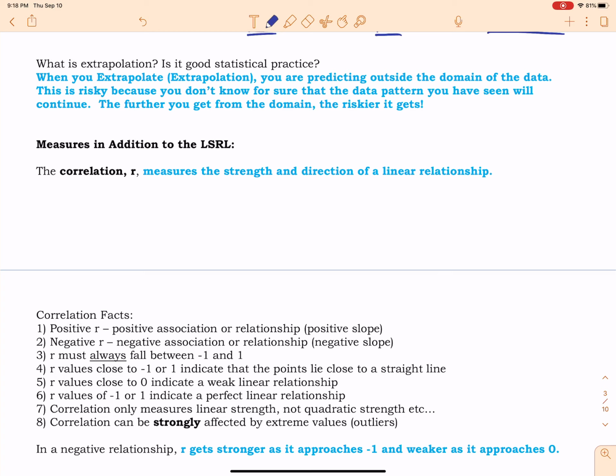In other words, your linear regression's only good for just a little bit outside the domain. So you have to remember that going farther outside of that, you risk the pattern changing too far outside of the domain that you're given. So it is risky behavior to extrapolate. It's not a good idea. So keep that in mind.